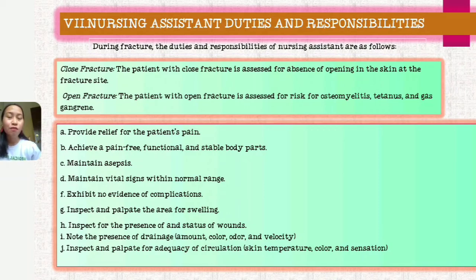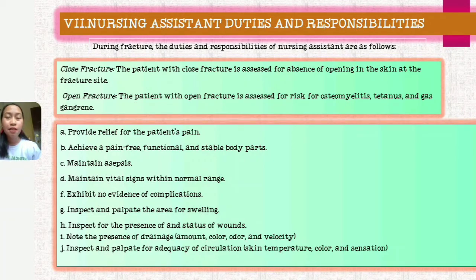If the patient has a fracture, the rest of the body parts we can manage by giving them exercise, but we have to ask permission from the doctor, and we should always give the patient a pain-free way of doing exercises.